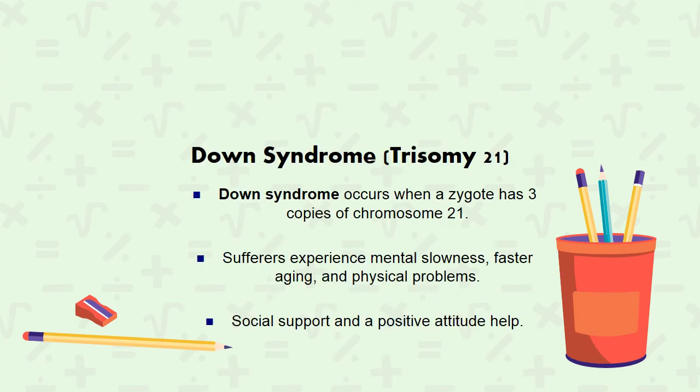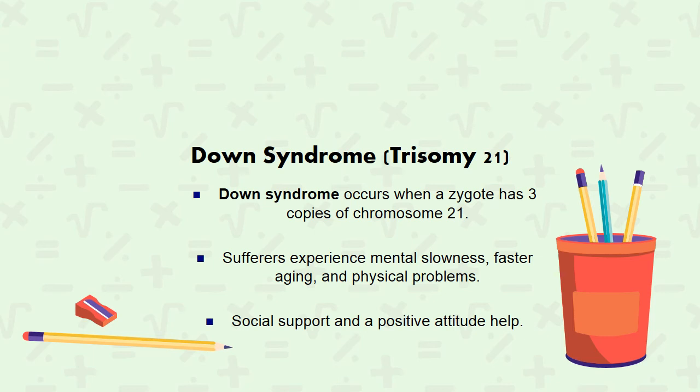Another condition of chromosomal abnormality is Down syndrome, which happens when a zygote has three copies of the chromosome 21, and it is characterized by subnormal mental intelligence, mental slowness.